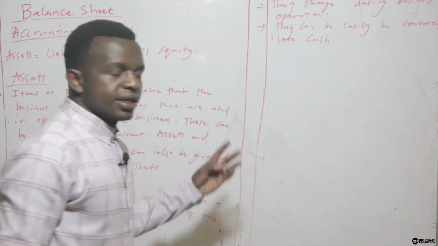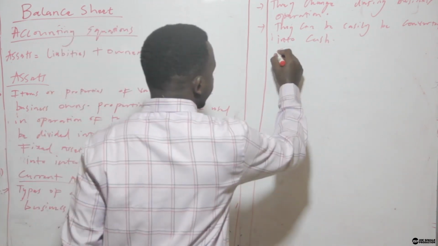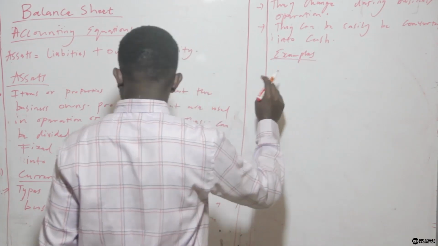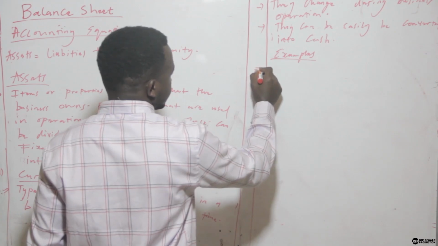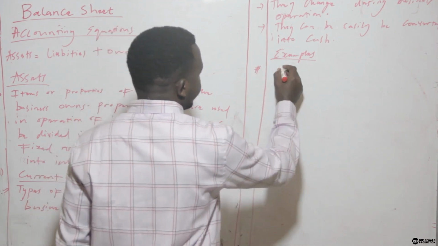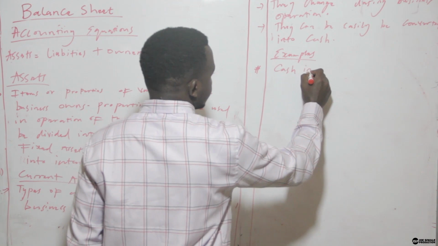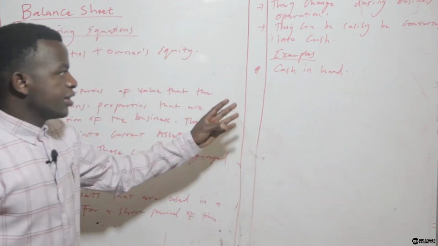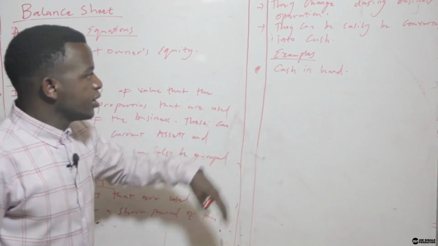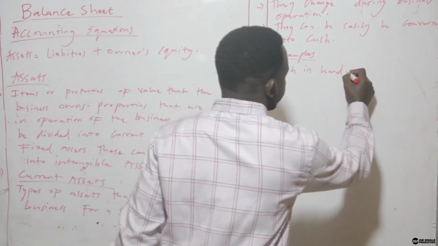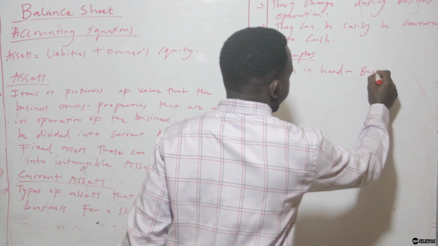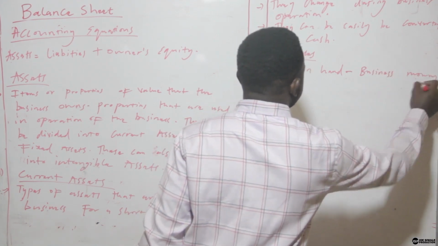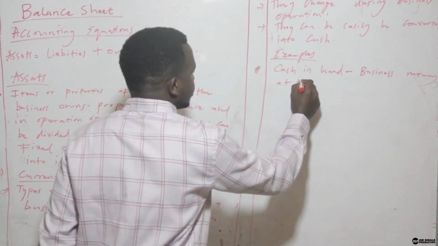And let us look at some of the examples. So the first example there, we have cash in hand. So cash in hand, that means the business money at the business premises.